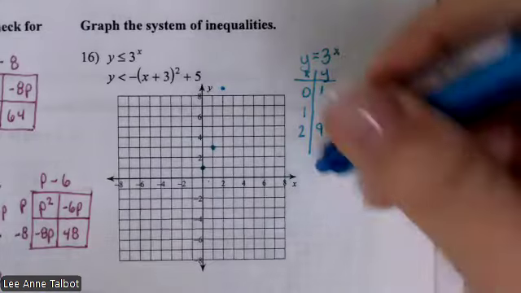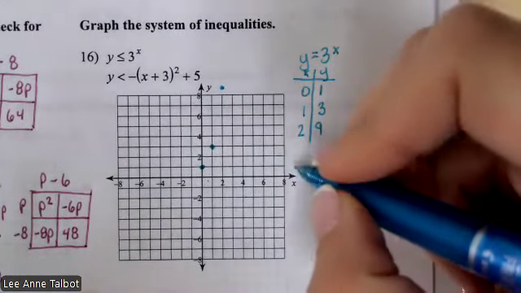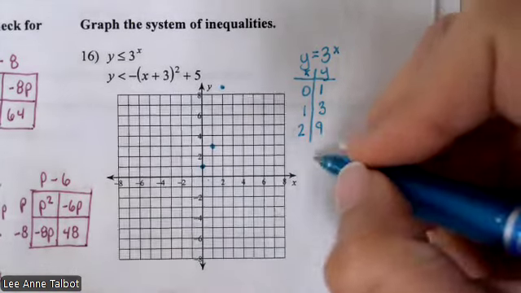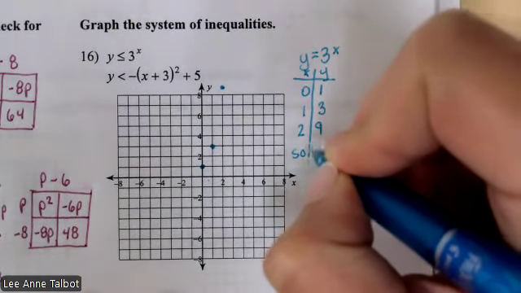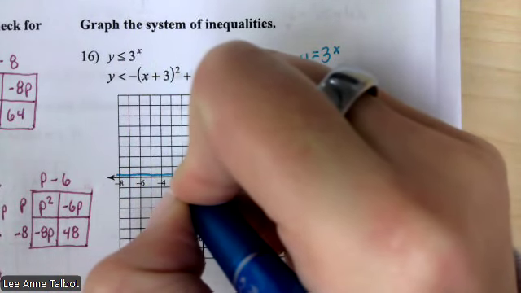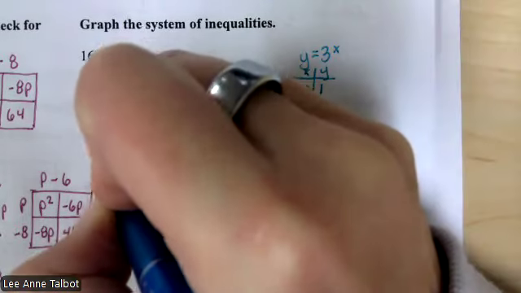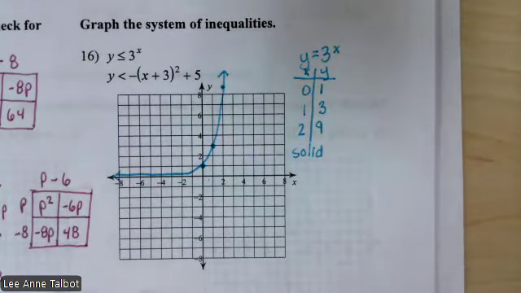Okay, and solid or dashed on this one? Solid. Come along the asymptote and curve. Just using my knowledge of the general shape of exponentials to sketch that in. No big deal.